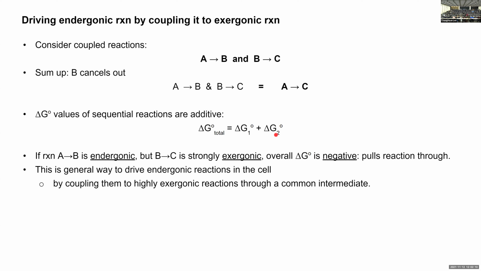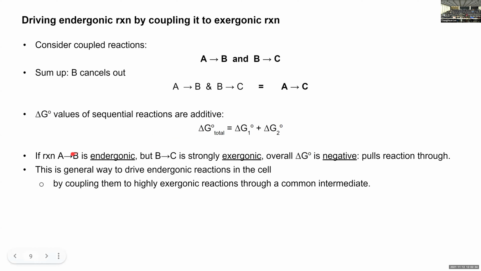So reactions 1 and 2 together. And that means that even if delta G1 naught is positive, if delta G2 naught is largely negative, then you can actually get a negative value for the delta G naught total for the total reaction too.